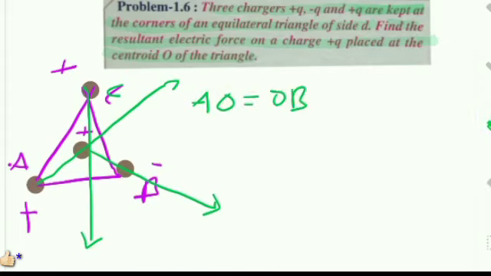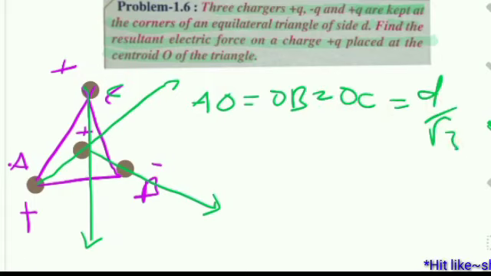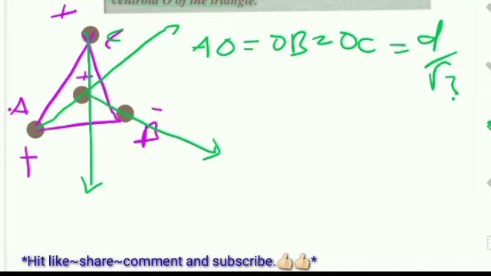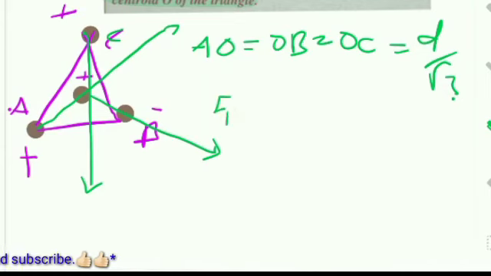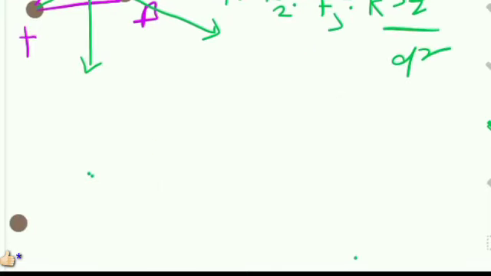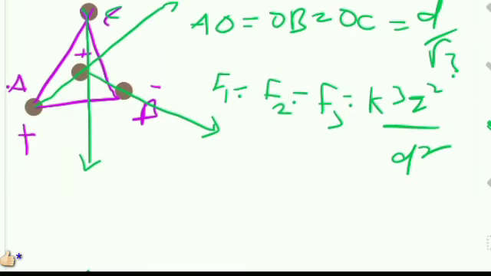AO is equal to OB is equal to OC is equal to D by root 3. Now F1 is equal to F2 is equal to F3 is equal to K into 3Q square by D square. This is F1, F2. F1 and F2 are at an angle of 120 degrees.